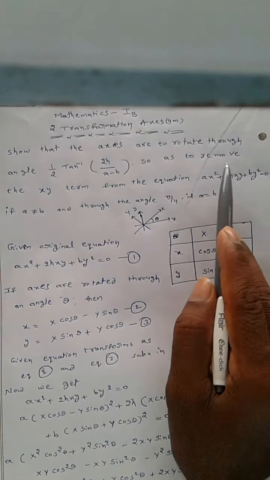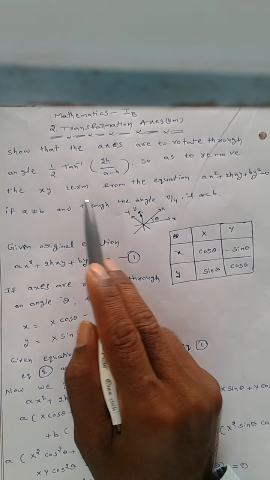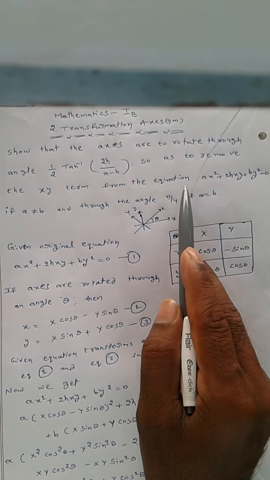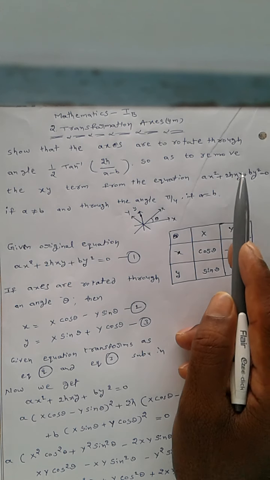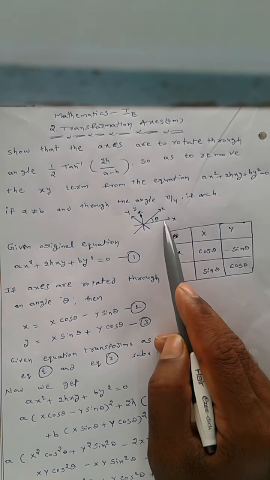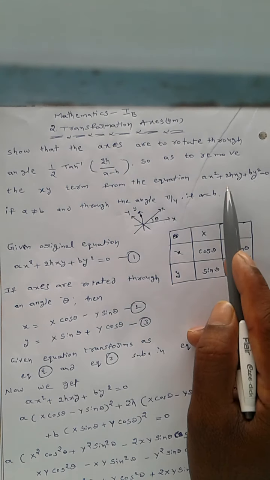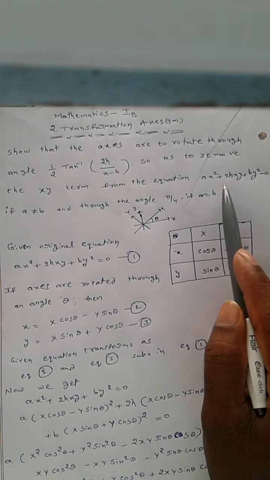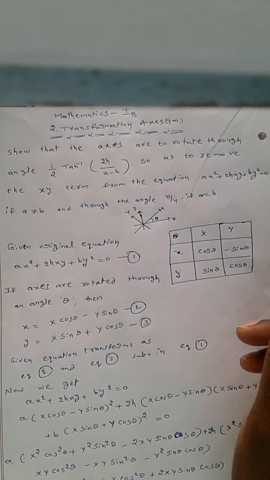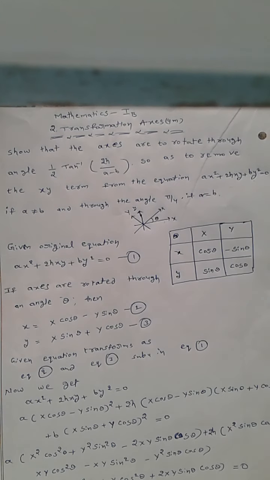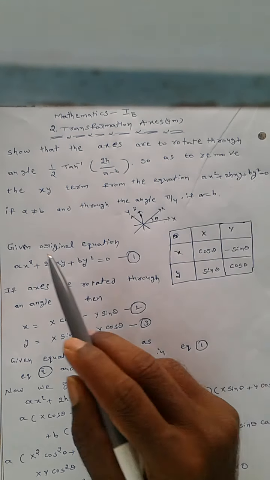So as to remove the xy term from the equation. In the equation ax square plus 2hxy plus by square is equal to 0, the xy term is removed when the axes are rotated.